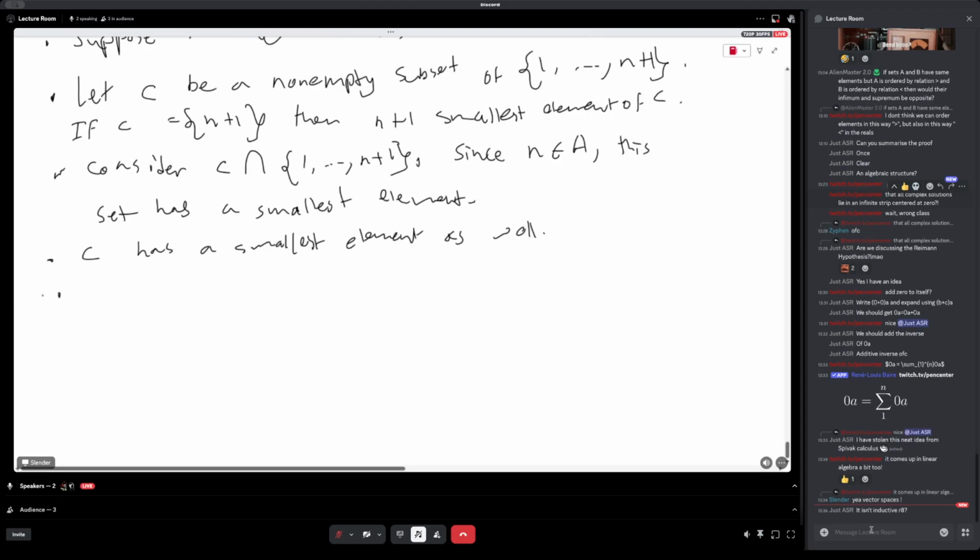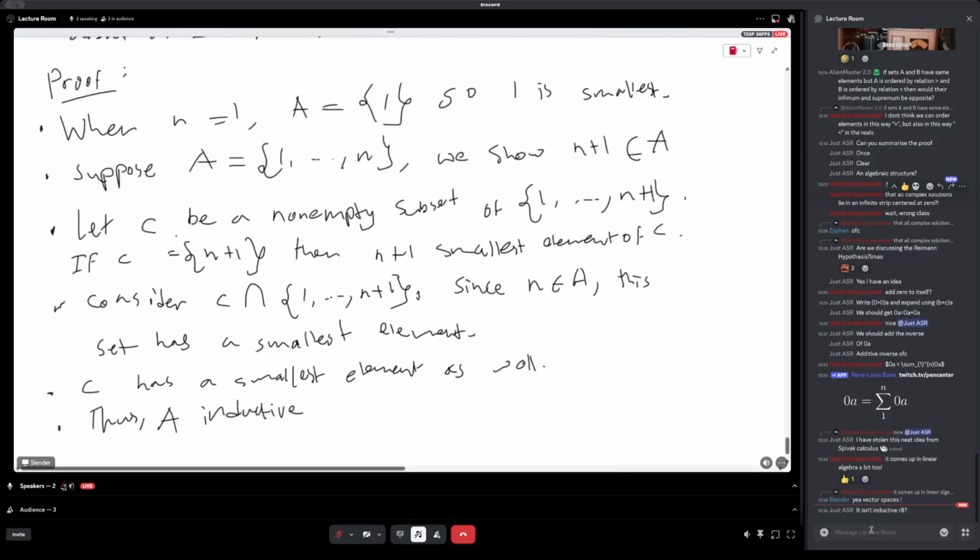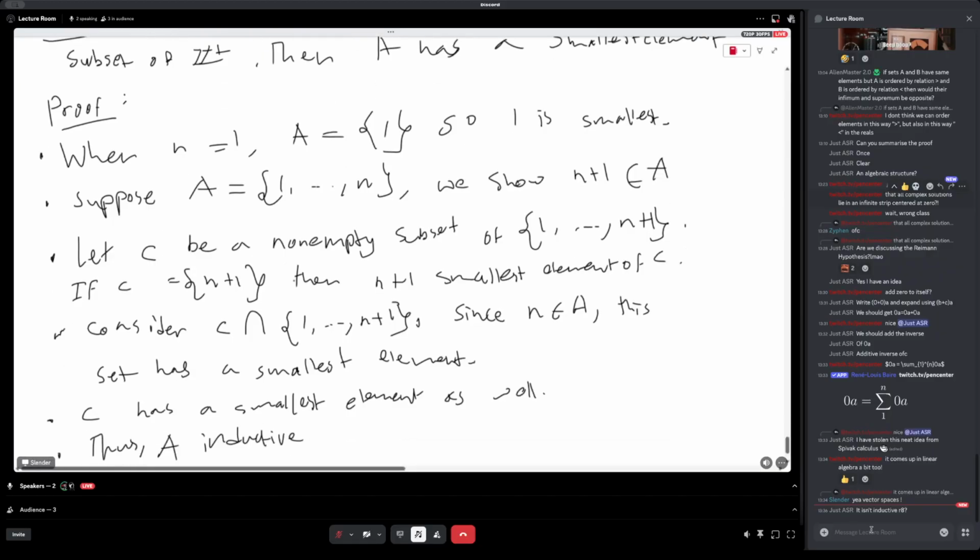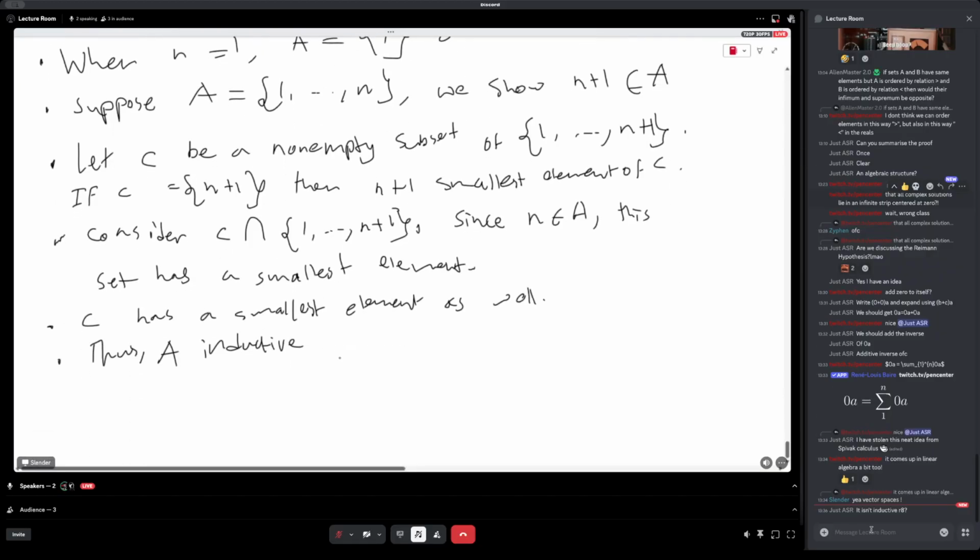Thus the set of such n is inductive, because we have 1 in it and then n plus 1 in it. So it is equal to Z plus, and the statement is true.